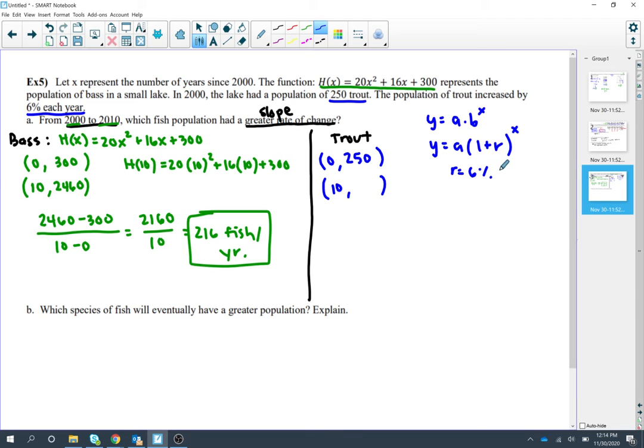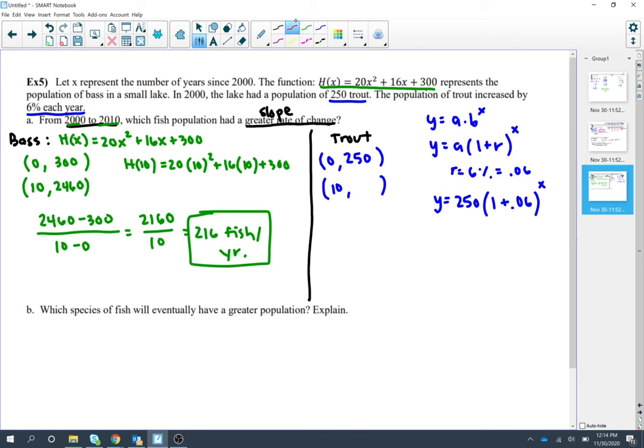But if you write that as a decimal, essentially you're going to divide by 100, which is 0.06. So we're going to have y equals, A is our starting amount. We started with 250 trout, times 1 plus our rate to the power of x, or t in this case. It doesn't really matter. And I want to know what it is 10 years later.